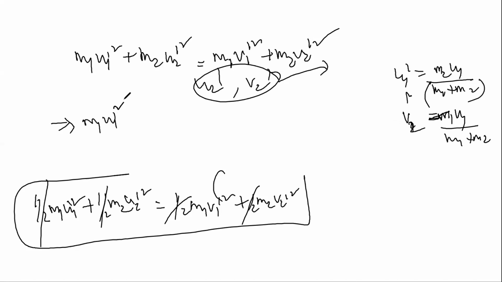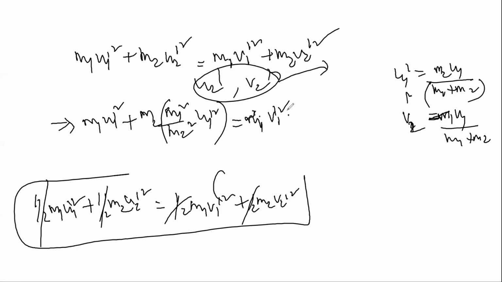m1 u1 dash square plus m2 into m1 by m2 u1 dash square equal to m1 v1 dash square plus m2 into m1 by m2 square into v1 dash square. Okay, now solving these equations, m2 square gets cancelled.